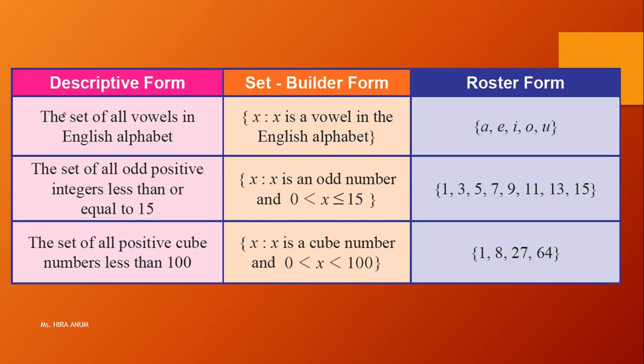Descriptive form: set of all real numbers, set of all vowels in the English alphabet, or positive integers less than or equal to 10. In set builder form, X is a vowel. This is put in brackets. This is written as a sentence.